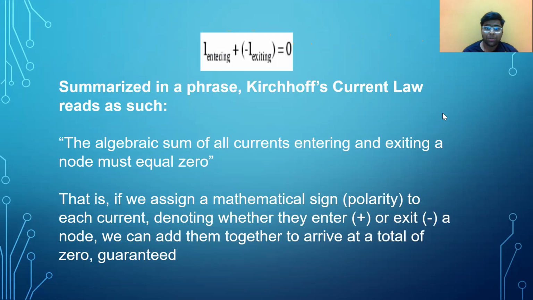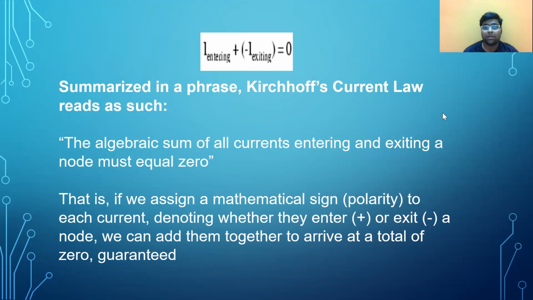The simple equation to understand is: I entering plus or minus I exiting is equal to 0, or I entering is equal to I exiting. That is, current entering is equal to current exiting. Summarized in a phrase, Kirchhoff's current law reads as such.